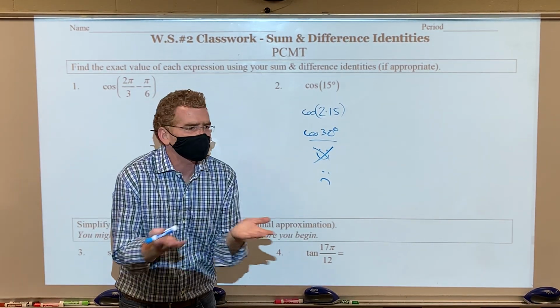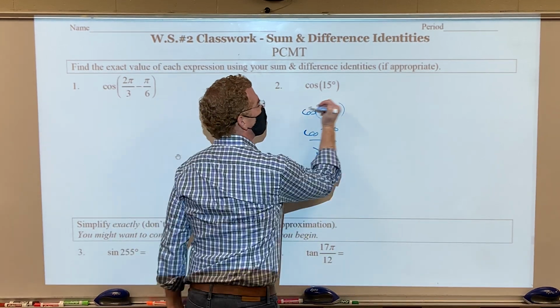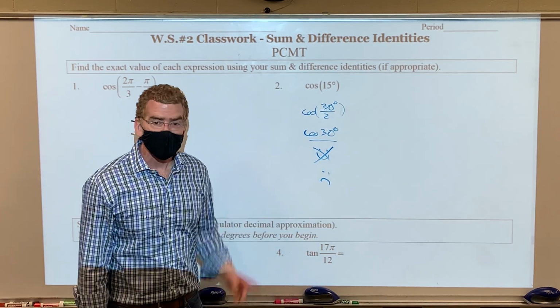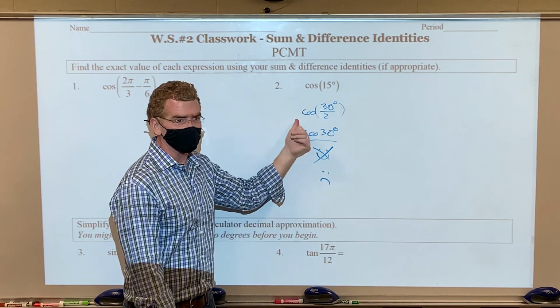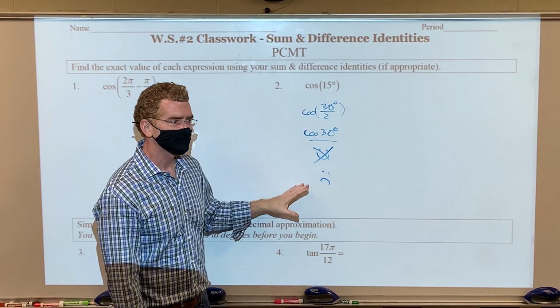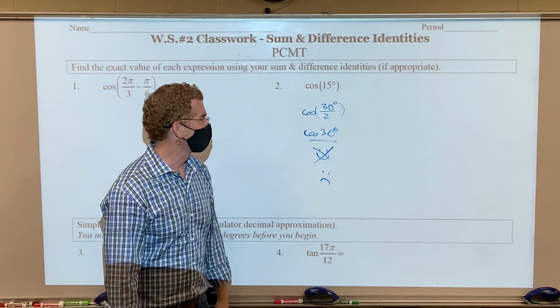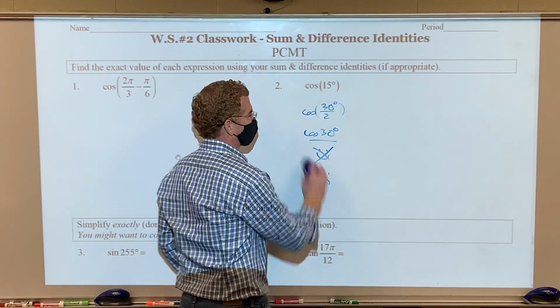Because 30 is not 15, is it? Now, could I do this? 30 over 2? That is 15. And there are half-angle identities that you could use in this, and we'll get to those later, probably tomorrow. Are y'all seeing this? Yeah, definitely tomorrow. We're going to do half-angle and double-angle tomorrow in that video. So yeah, I could rewrite it certain ways, but right now we're doing the alpha minus beta.